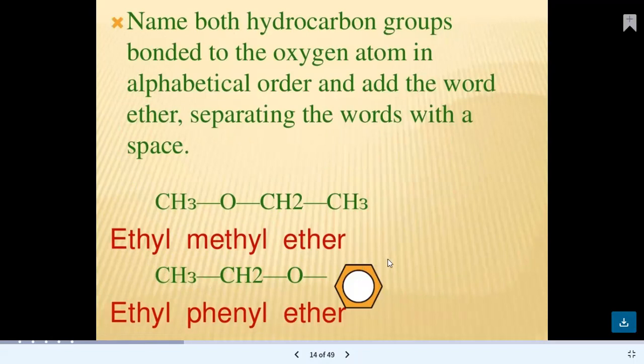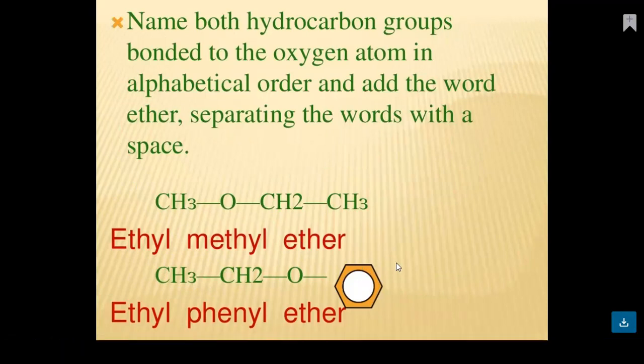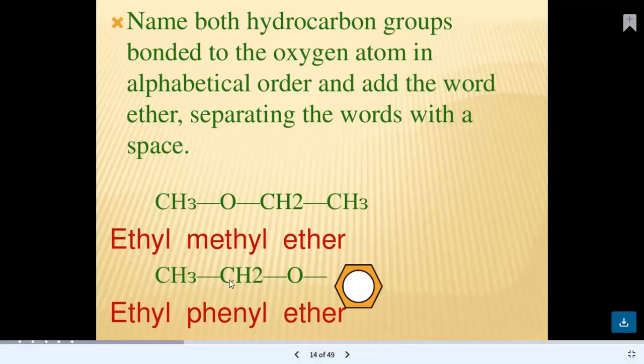Now, if we have to name it with the other method, what is it going to be? What is it going to be, the other name for this? Phenoxyethyl. What is the longest chain here? This or this?